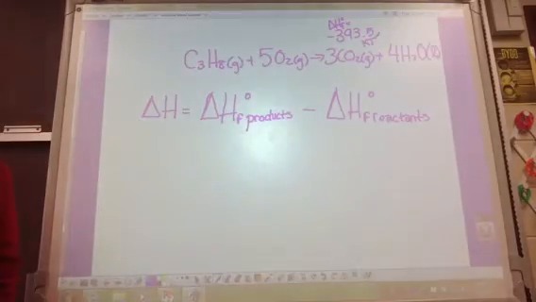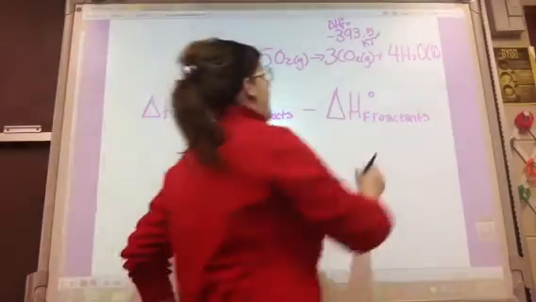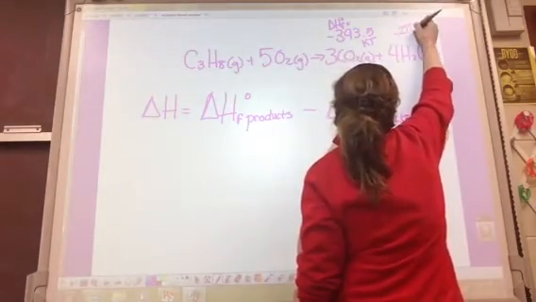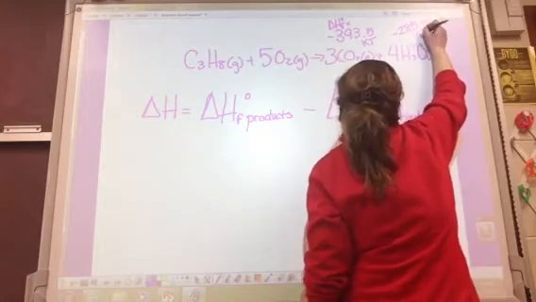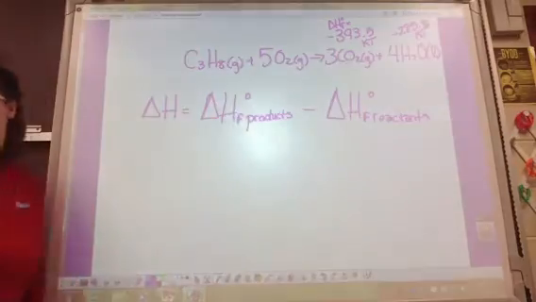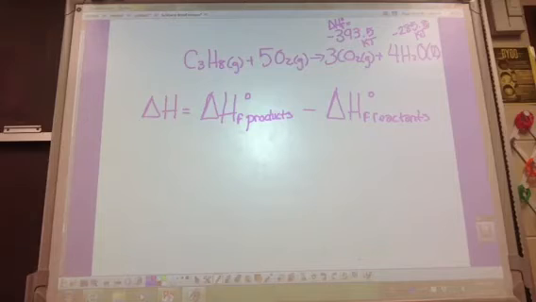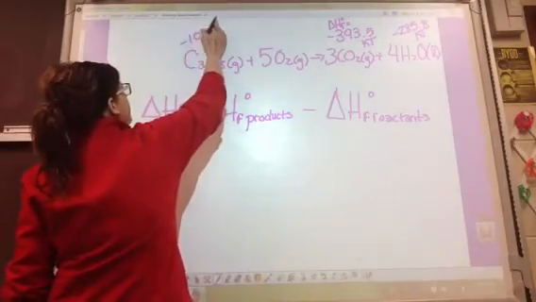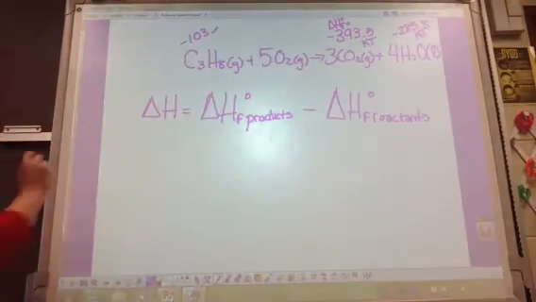If I look up water, I would find that water has a delta H value of negative 285.8 kilojoules. If I looked up C3H8, I would find that it has a value of negative 103.85 kilojoules.